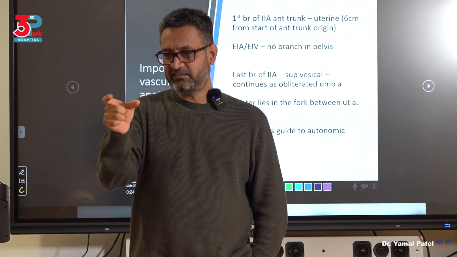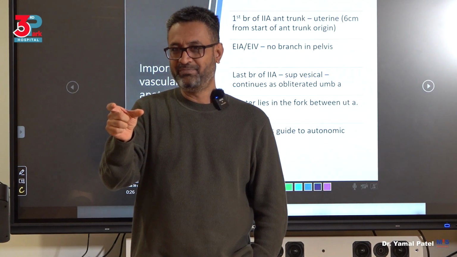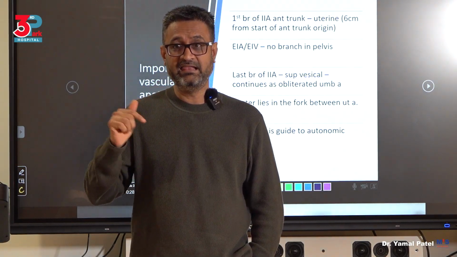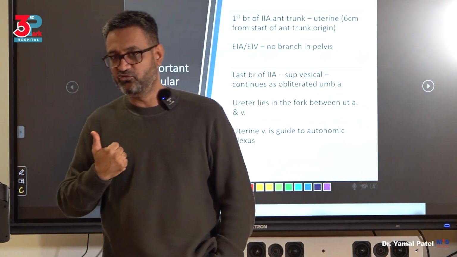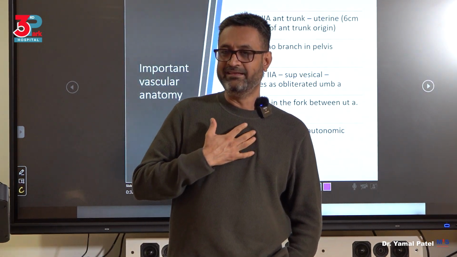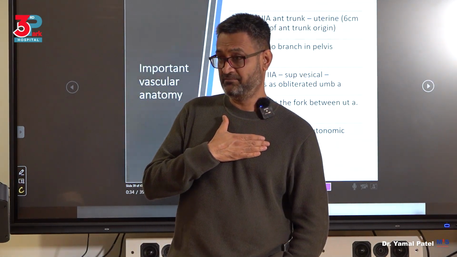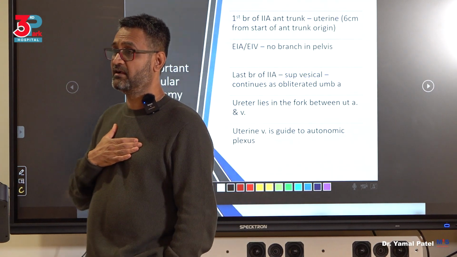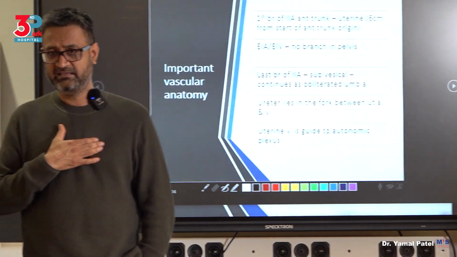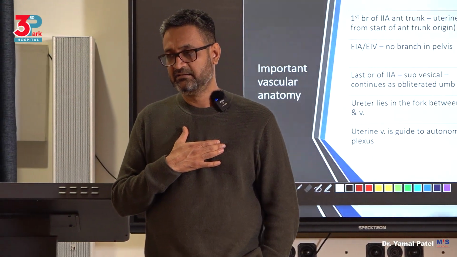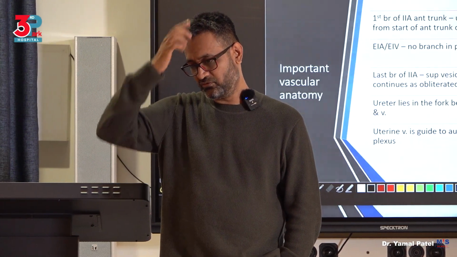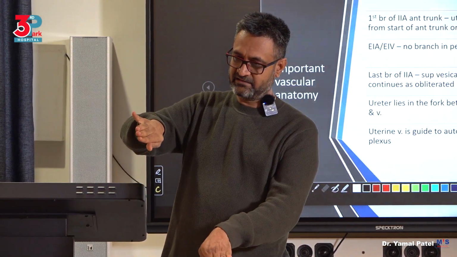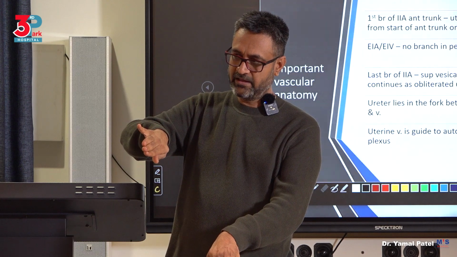So this is an important place for internal iliac artery ligation, should you have to. In very bad PPHs, we sometimes have to resort to internal iliac artery ligation. Make sense?